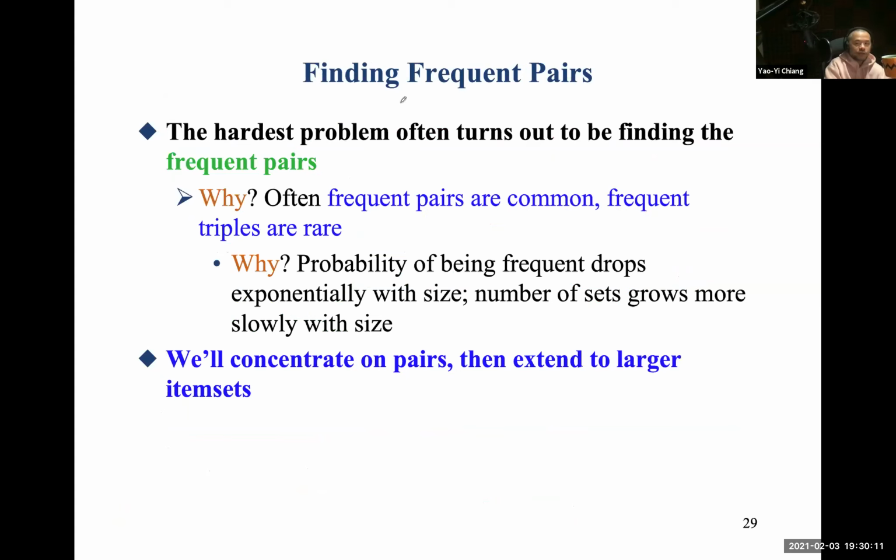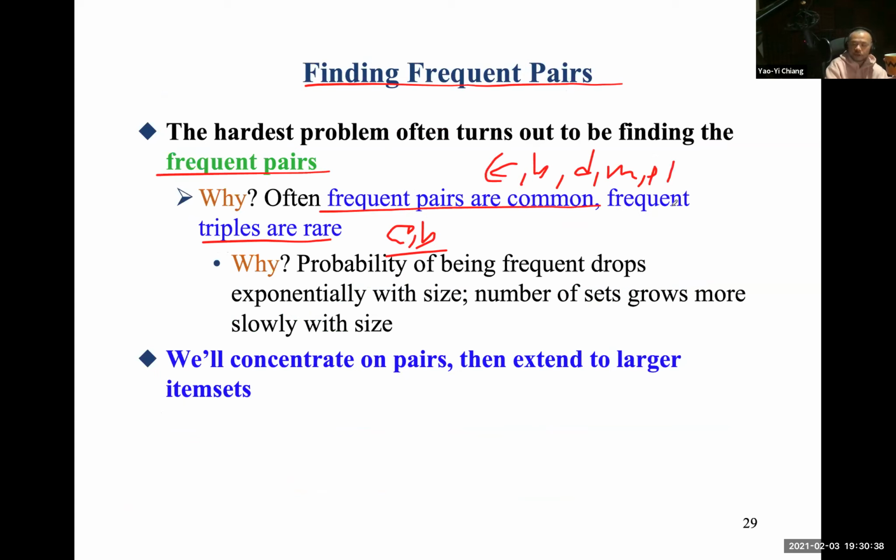So in finding frequent item sets, the most difficult problem is usually finding the frequent pairs. This is because frequent pairs are common, frequent triples are rare, right? Having C and B occur frequently could be pretty common, but having something like Coke, beer, diaper, milk, and Pepsi all in the same basket and become frequent, with many baskets, is highly unlikely.